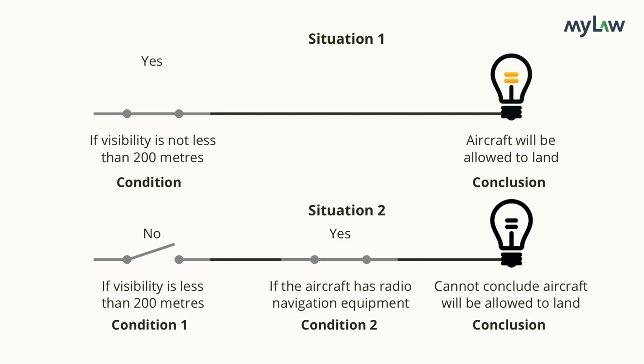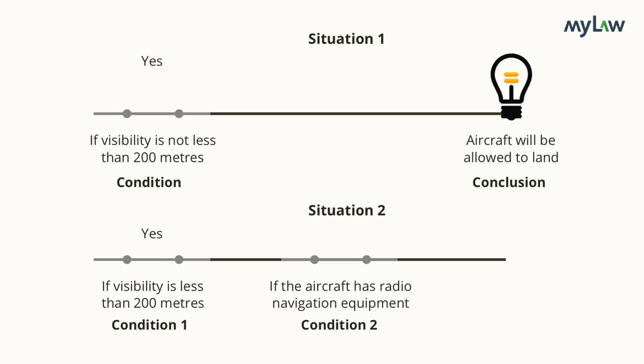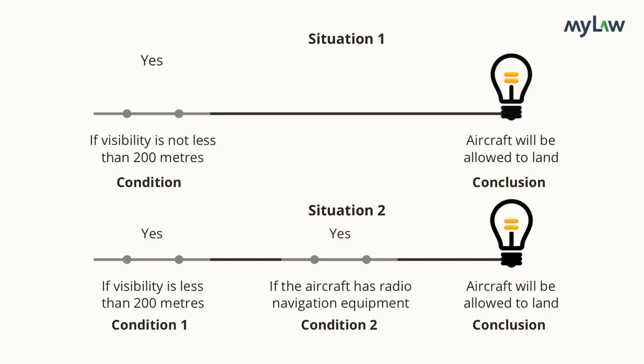If the answer is no, then we can conclude that the aircraft will be allowed to land. If the answer is yes, we then need the next switch to look at whether the aircraft has the necessary equipment. Only if the answer to that too is yes, can we conclude that the aircraft is allowed to land.